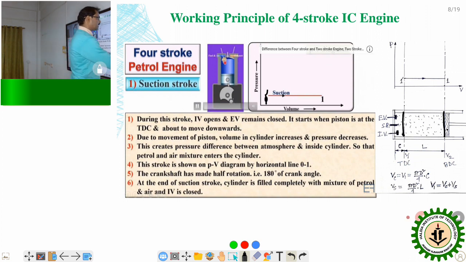When the piston is here, there is only the clearance, and this is called clearance volume.